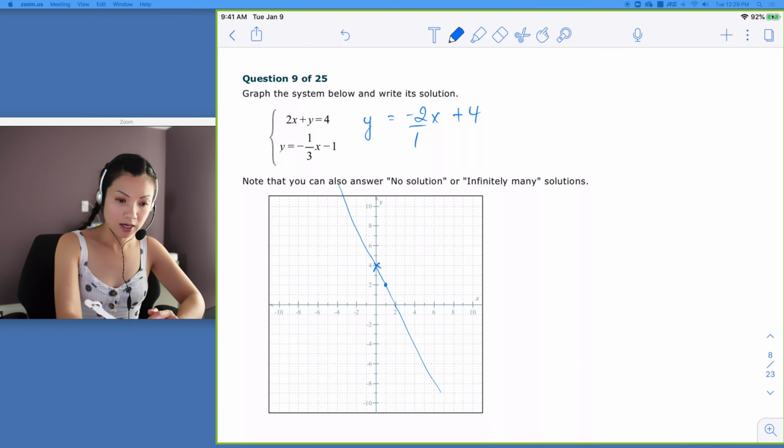Okay, now let's try the other one. The other one has slope -1, and I go down 1, right 3 right here.